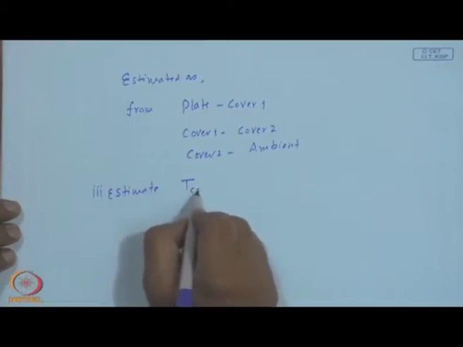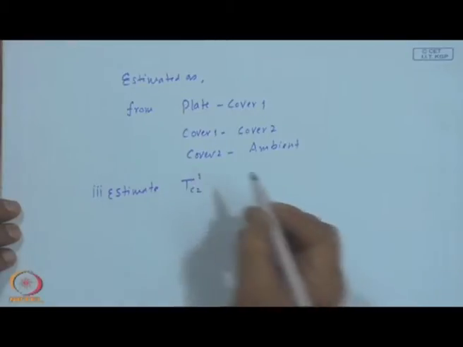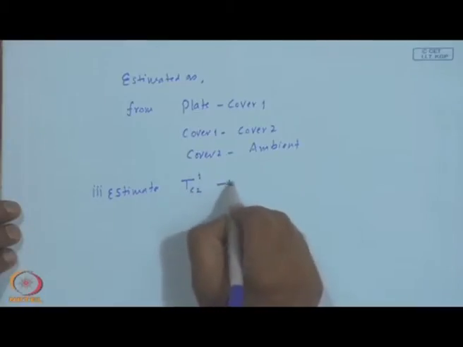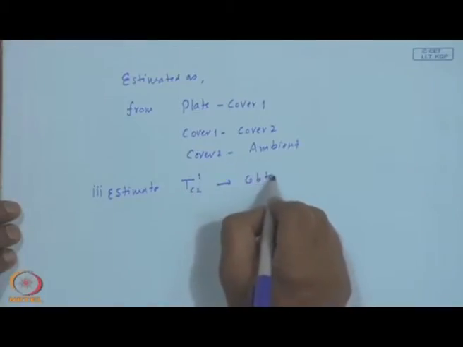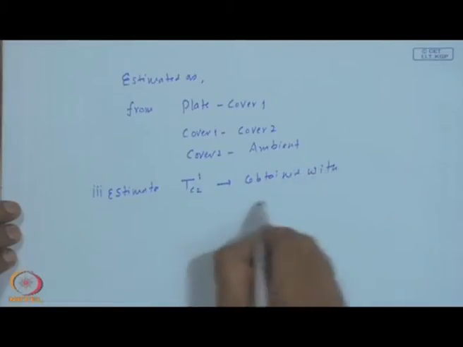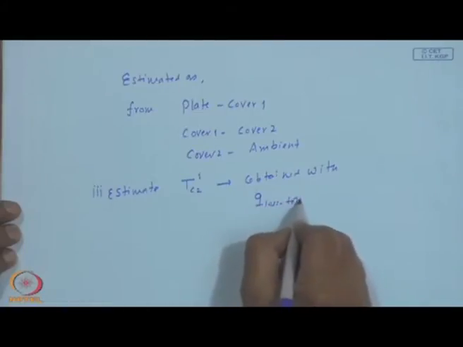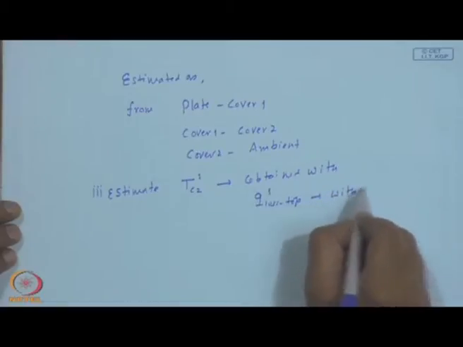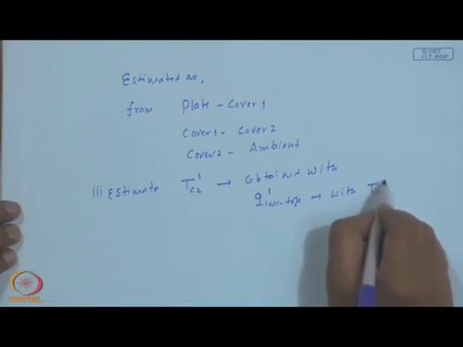T c 2. Again I will qualify it with a superscript 1, that is T c 2 1 obtained with Q loss top 1 with T c 1 1.